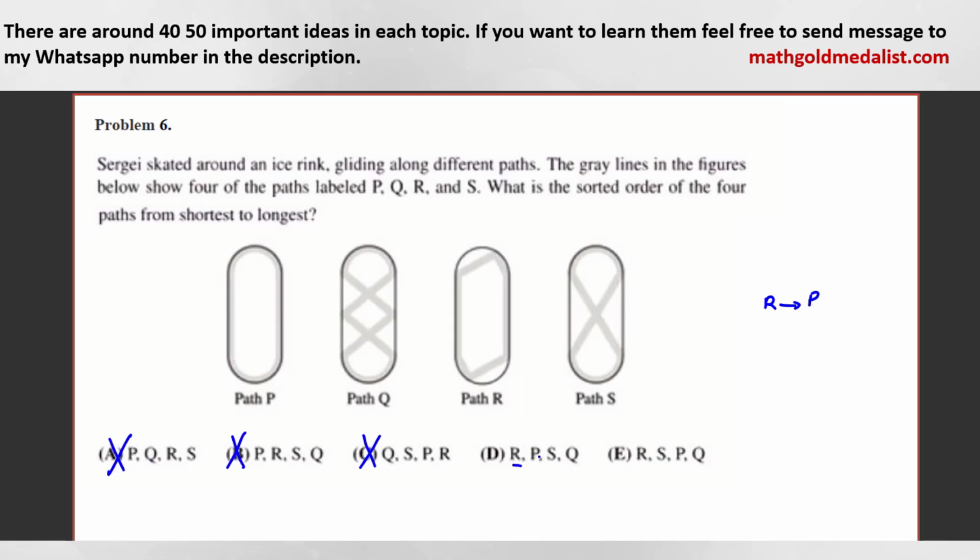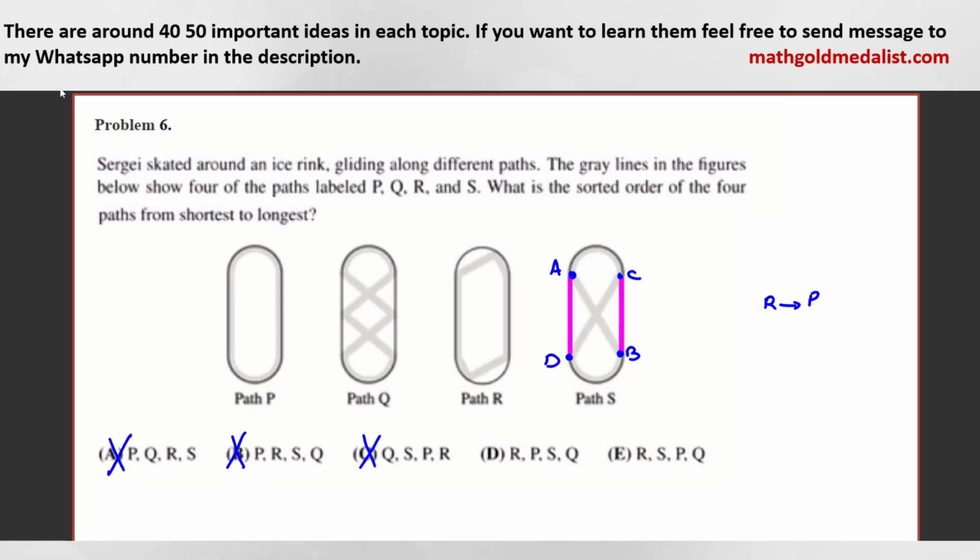So S and P: here P is better than S, and in this one S is smaller than P. Let me compare these two things. This part and this part are the same in both of them. So let's consider this one A, this one B, this one C, this one D. If you consider the difference between P and S, in P, instead of AB, we have AD, and instead of CD, we have BC.